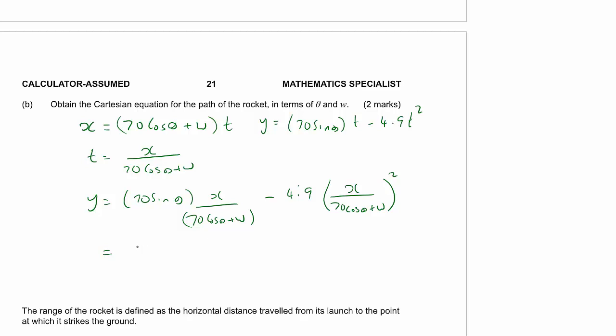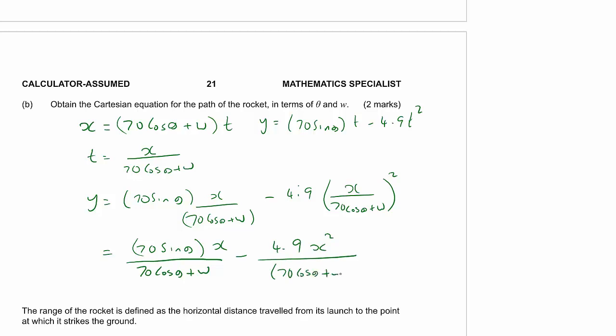So we'll put 70 sine theta x over 70 cos theta plus w, take away 4.9 x squared over 70 cos theta plus w, all squared.